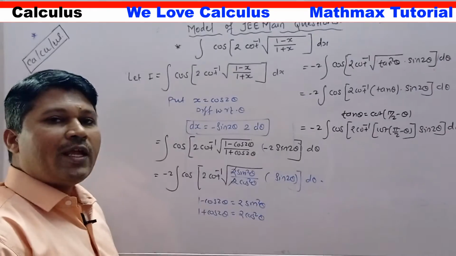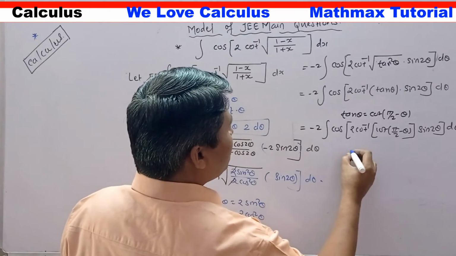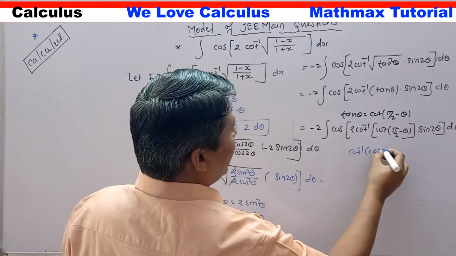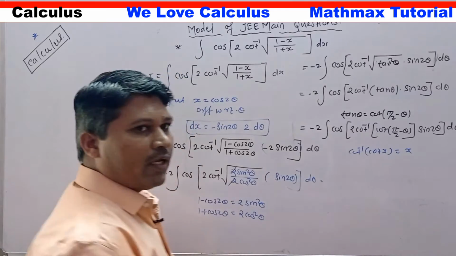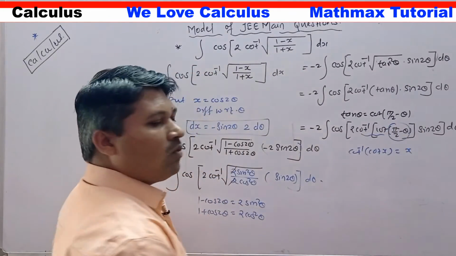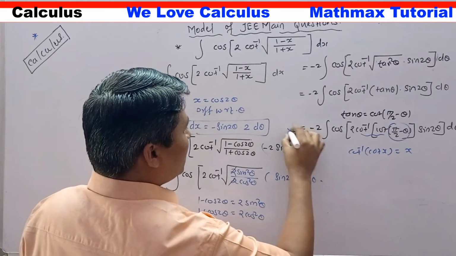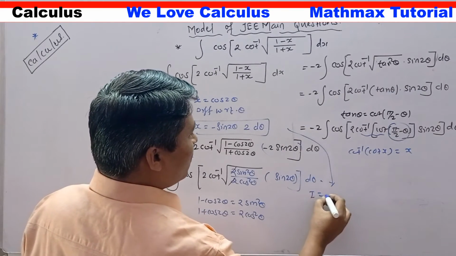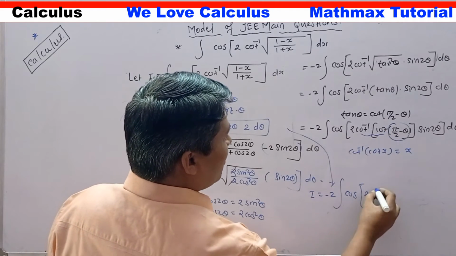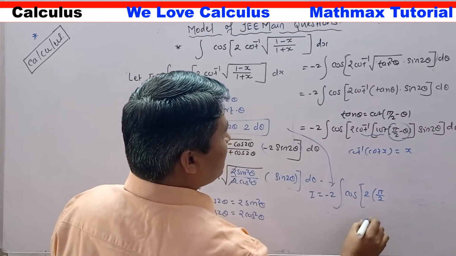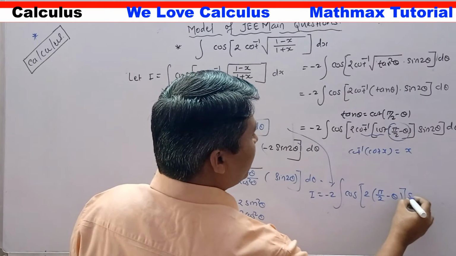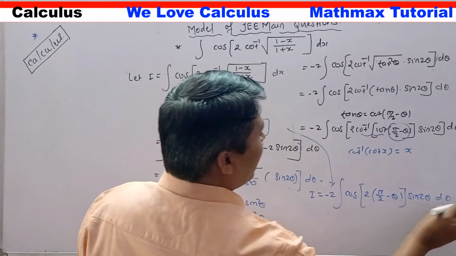Then we know the inverse function property: cot inverse of cot x is equal to x. So this term is only pi by 2 minus theta. The equation becomes I equal to minus 2 integration of cos(2 times (pi by 2 minus theta)) into sin 2 theta d theta.